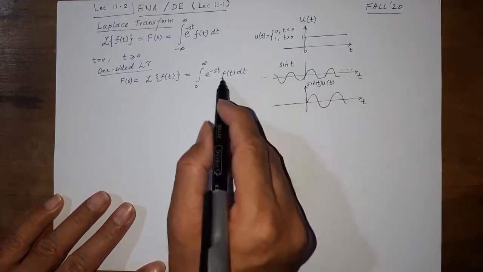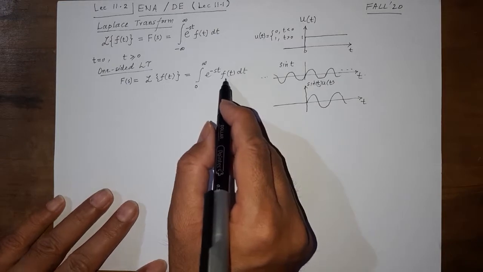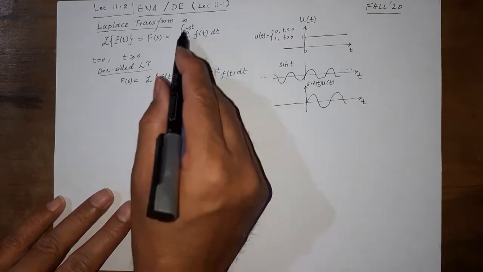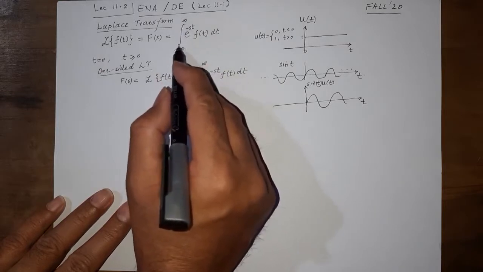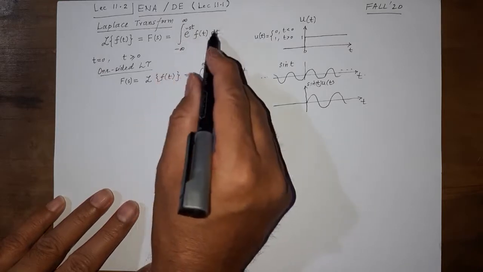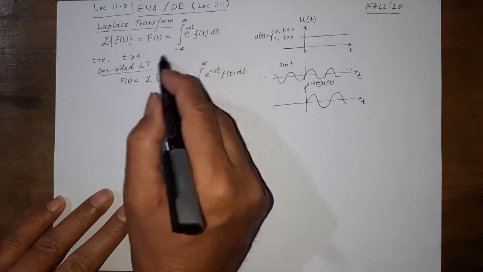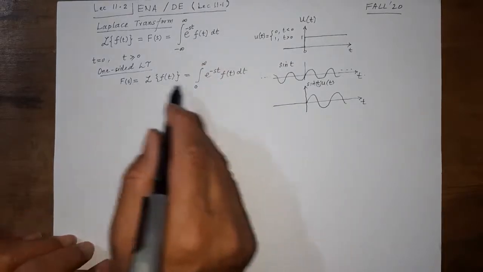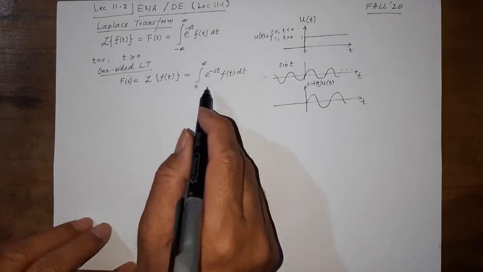So if we have voltages and currents that are 0 before t is equal to 0, writing the integral in parts from minus infinity to 0 and 0 to infinity, the first integral will be 0 and we will be left with this one. That is what we are going to use.